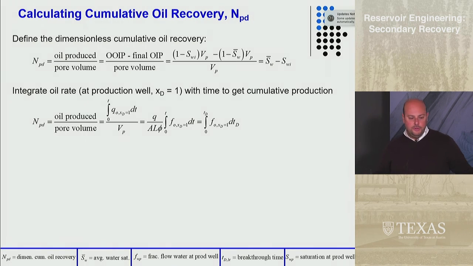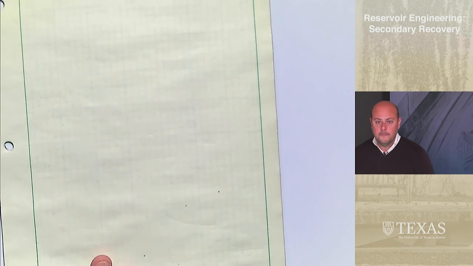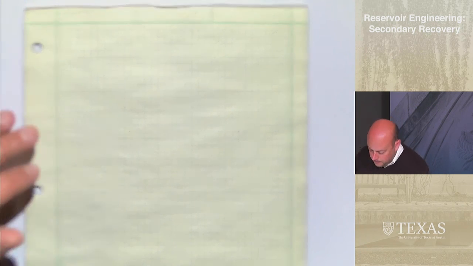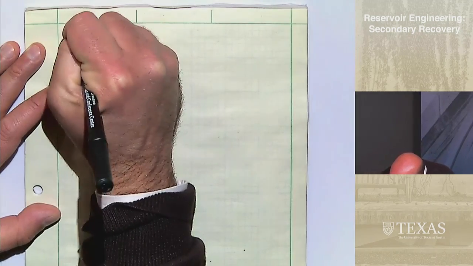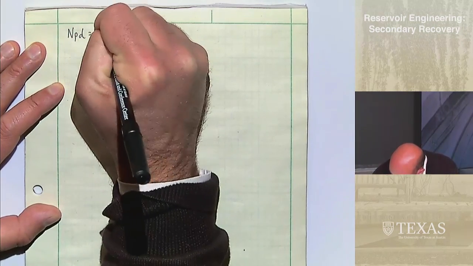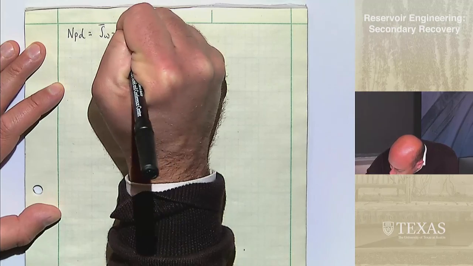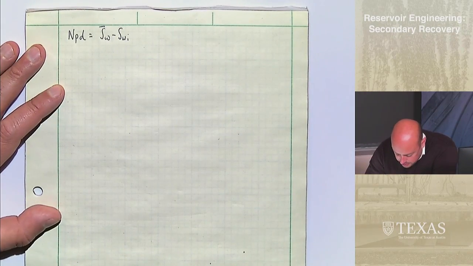So how do we do this integral? Seems complicated. So let me go back here. I'm going to recall that NPD was SW bar minus SWI. That's more of a definition.